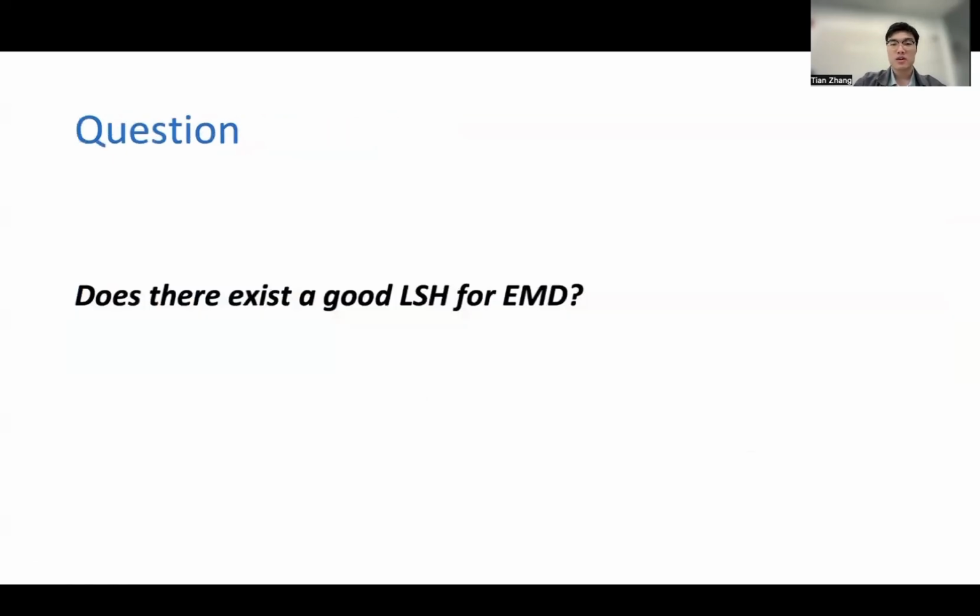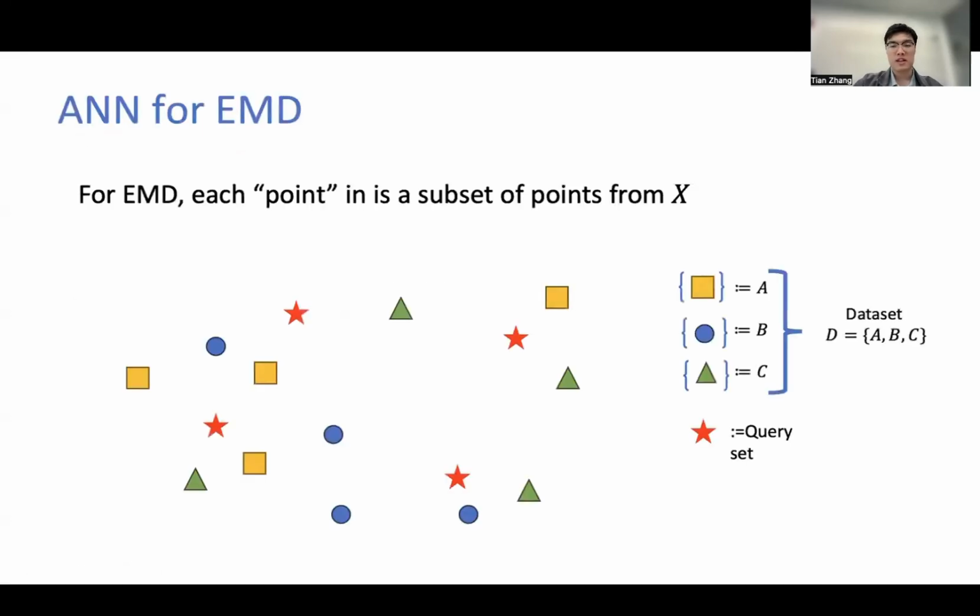So now the question becomes, originally we are interested in the ANN for EMD. Now we reduce that to coming up with a good LSH for EMD. So before diving into any details, I'm going to give you some intuition on what ANN for EMD looks like.